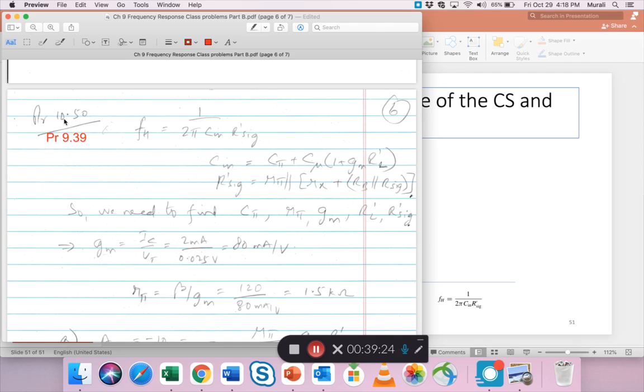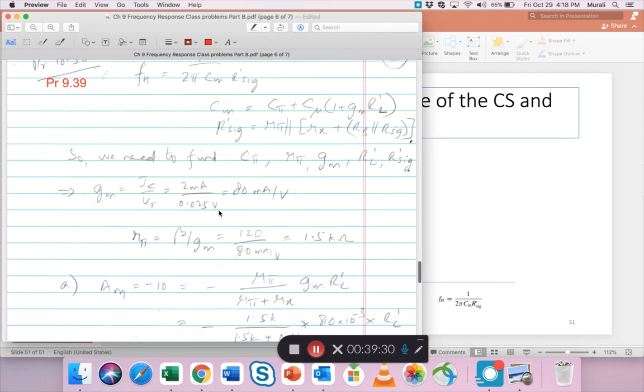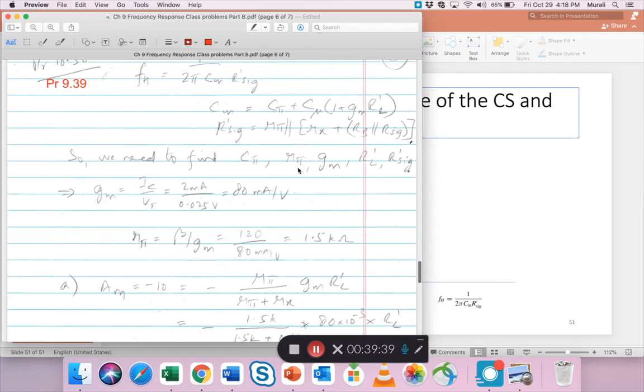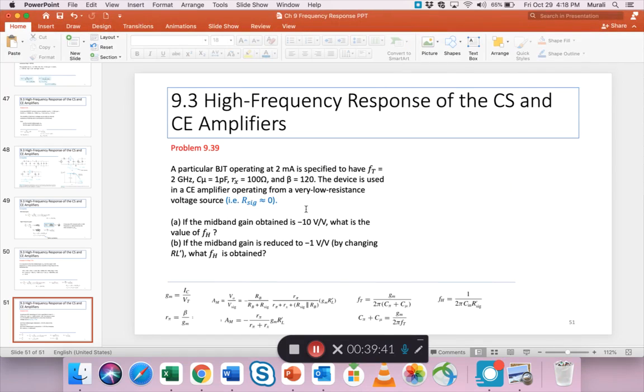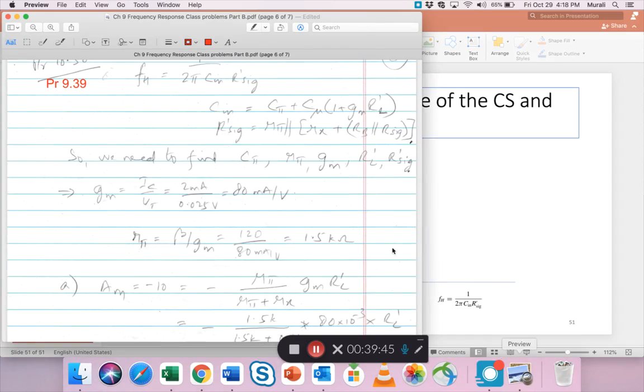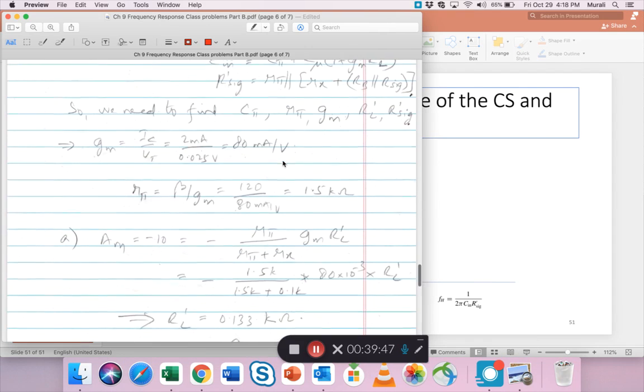That's why I put that number. Anyway, so this is FH, C in, all the formulas are here. So we need to find C pi, R pi, GM, etc., right? So that we can then find FH. That's why we need to find all these other things.